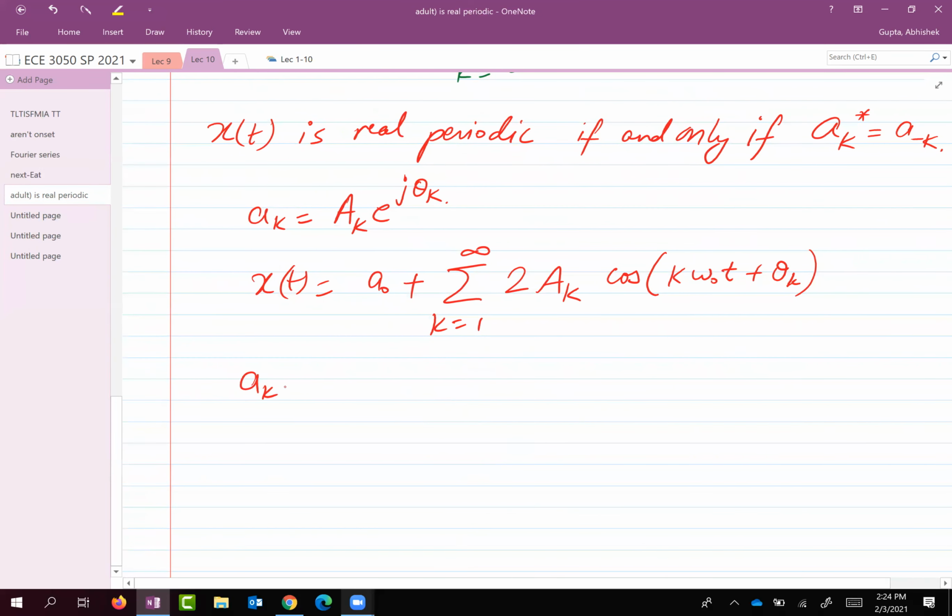Alternatively, if I write a k to be b k plus j c k, then I can write x(t) as a0 plus 2 times a summation of cosine and sine terms.